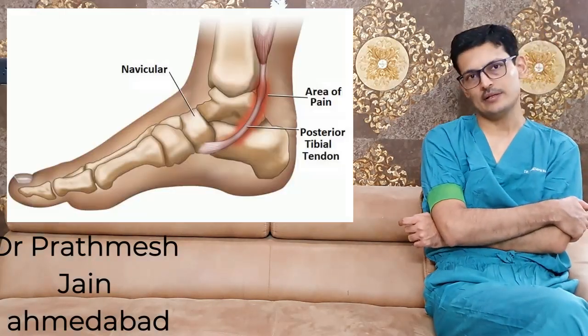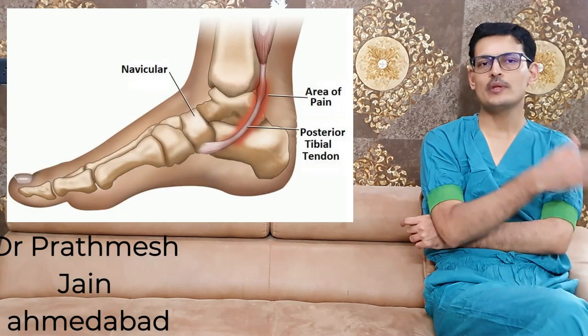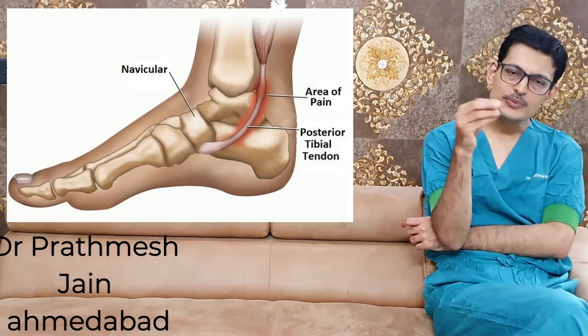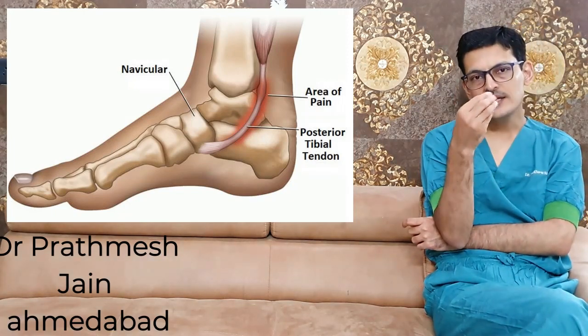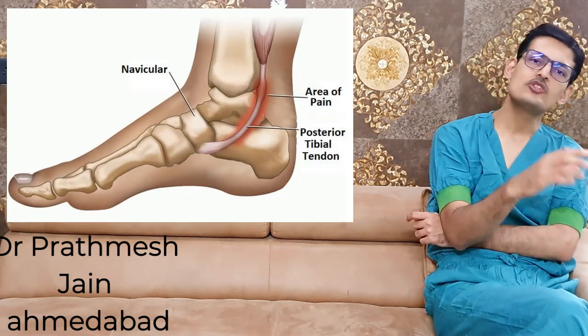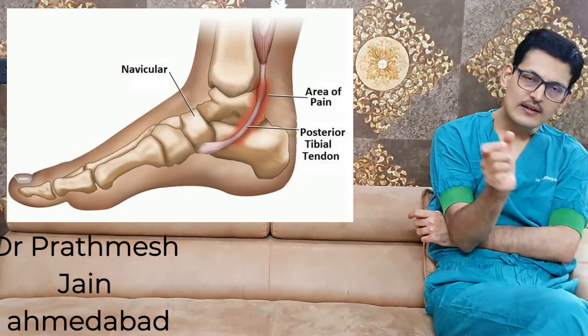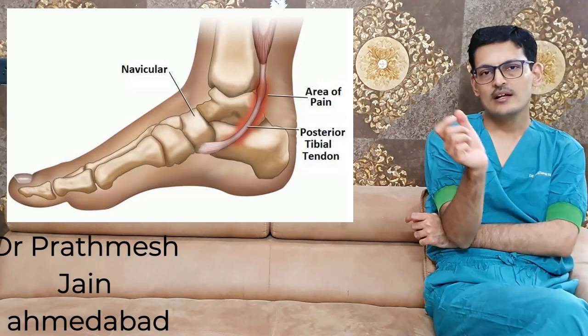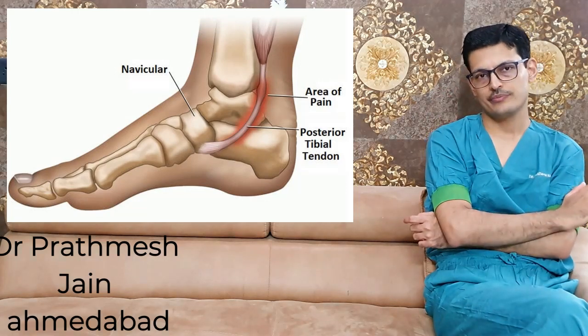Now regarding the pain, usually the pain starts from the medial aspect, just below the medial malleolus. In the initial phase, the pain is due to swelling and synovitis in the tibialis posterior tendon per se.